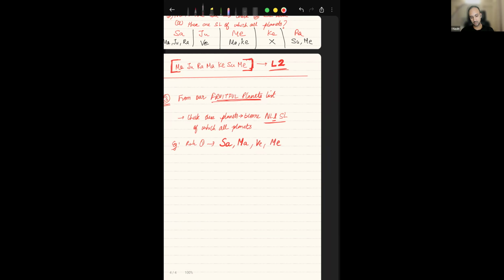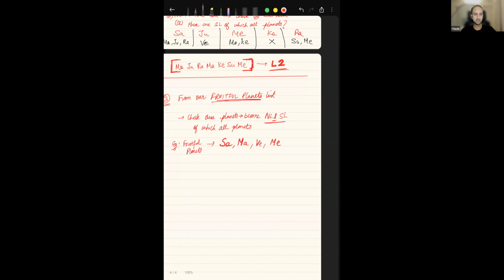I'll call it fruitful planets, or FRP. Now we need to find out both the NL and SL should be one of these 4 planets. So let's go planet by planet.